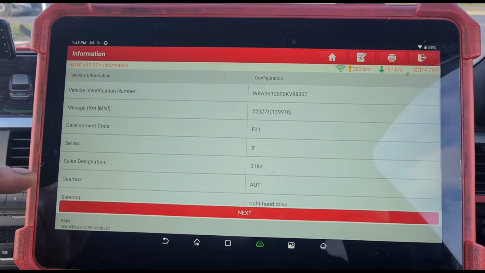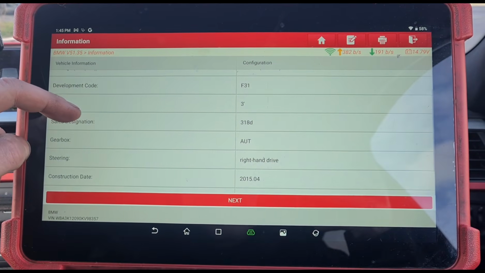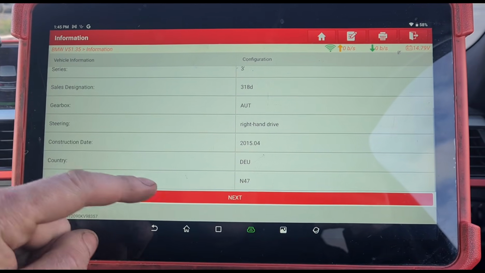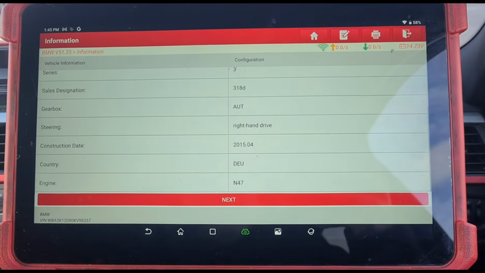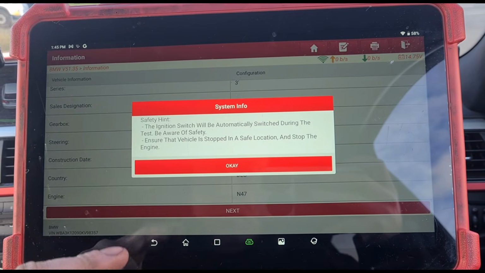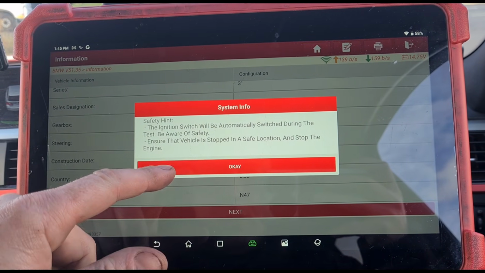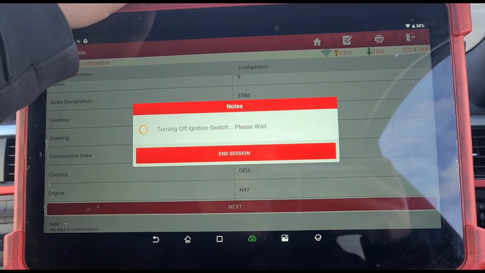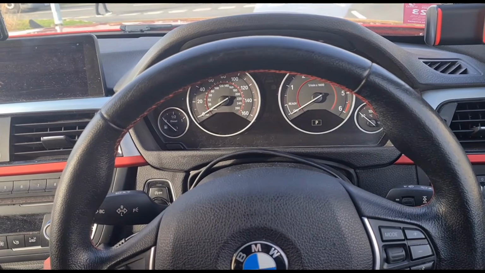Okay, so we're back to the scan here. We're ready now. We're in. It's an F31 BMW 318 diesel, N47 engine. The ignition will automatically be switched off. Okay, so let's just shut the engine down.